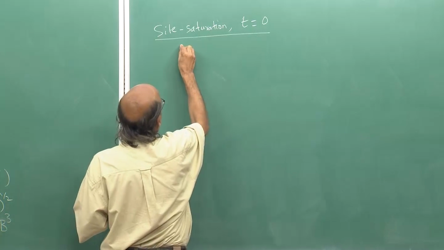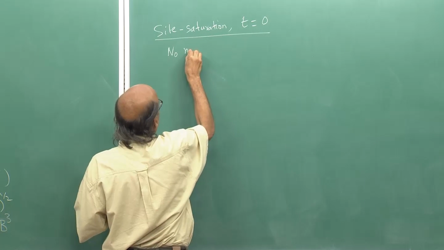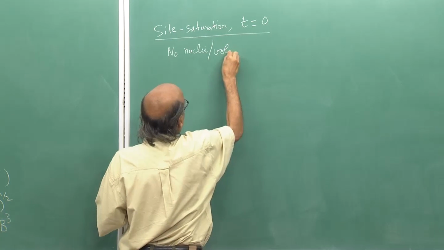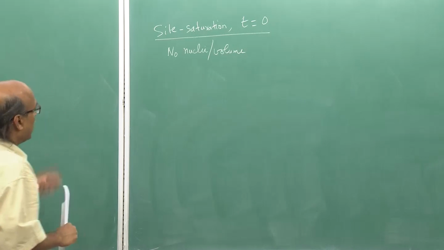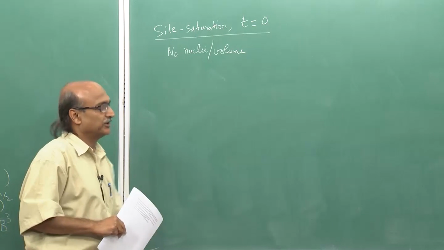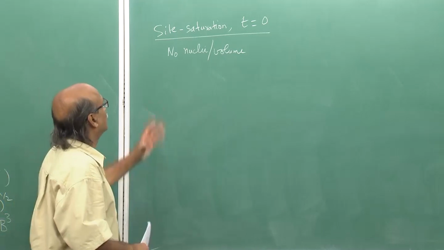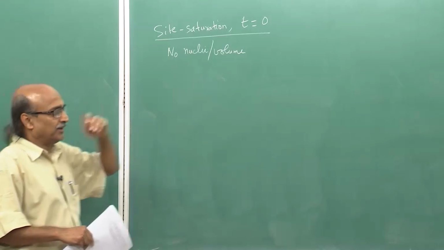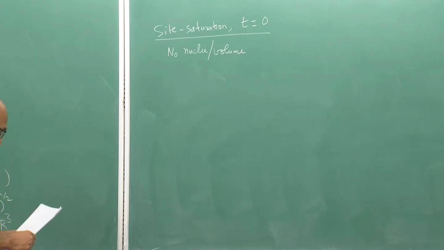And let us say that we have N0 nuclei per unit volume present at time t is equal to 0, and beyond this time there is no more nucleation going to take place. Hence, all growth would take place for only those nuclei essentially which formed right at the start of the transformation.